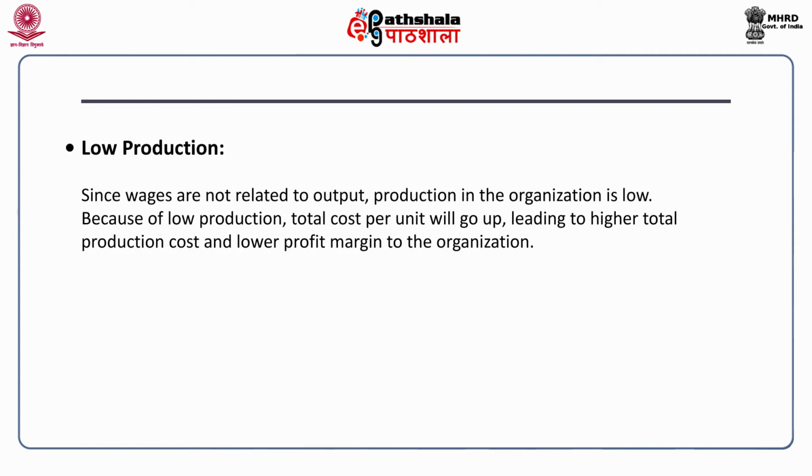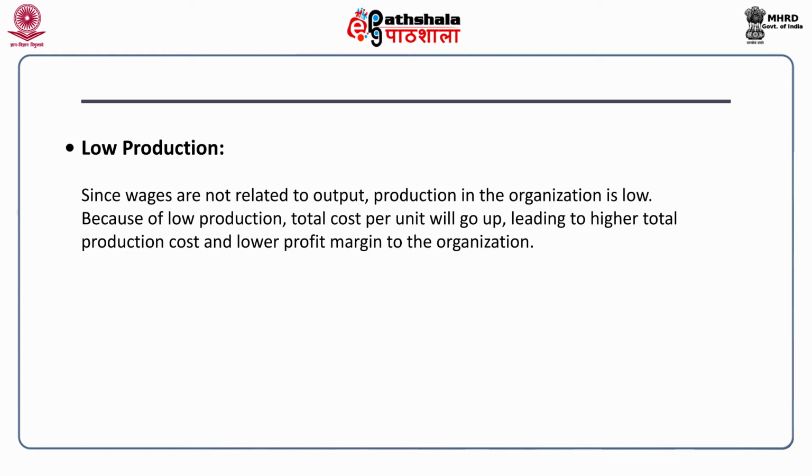Low production. Since wages are not related to output, production in the organization is low. Because of low production, total cost per unit will go up, leading to higher total production cost and lower profit margin to the organization.